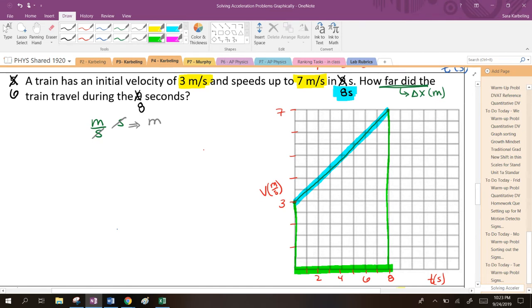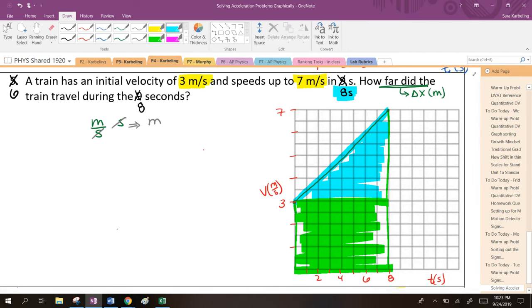Now, some of you may remember this from geometry, how much fun it is to find areas of trapezoids. If that was not one of your favorite things from geometry, I'm going to remind you that in this case, we can look at this trapezoid as a rectangle and a triangle. As long as you add those two areas together, you're finding the same area. So if it makes you happy to do a trapezoid, you go. I'm going to do it the triangle and rectangle way, because that seems a little bit more straightforward.